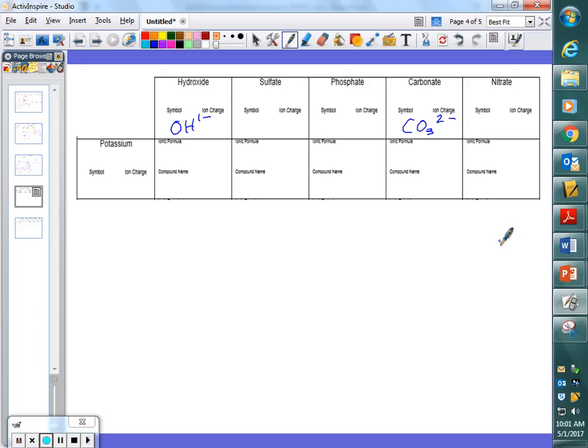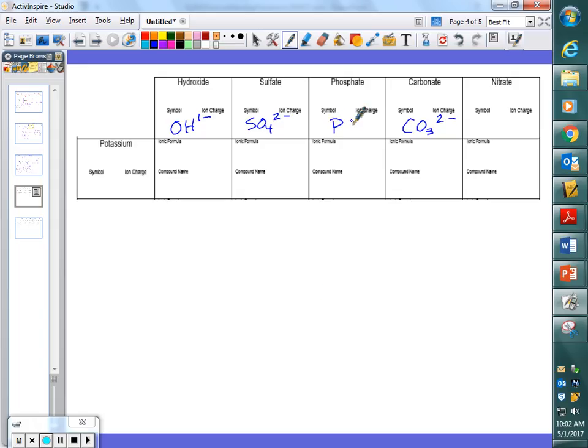The other 3 should be on that chart that I gave you. All right, so I'll fill them in for you. Sulfate is SO4, so 1 sulfur and 4 oxygens. That combination brings us 2 electrons short of having everybody a stable octet, so SO4, 2 minus.